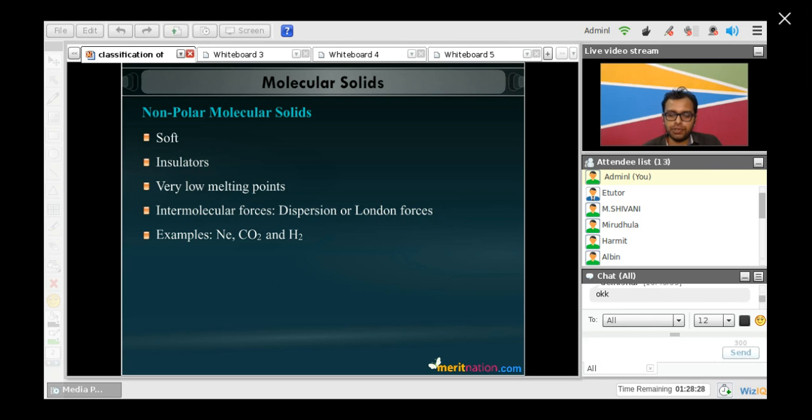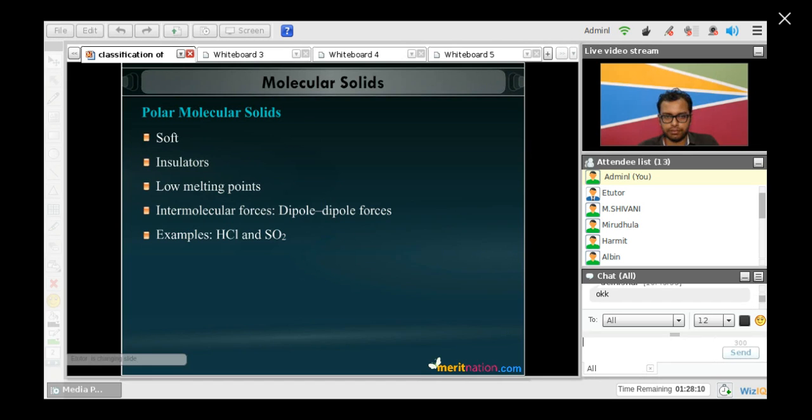Now H2 is also a molecular solid. Whenever you have a molecule with a dipole moment equal to 0, it will always form a non-polar molecular solid.